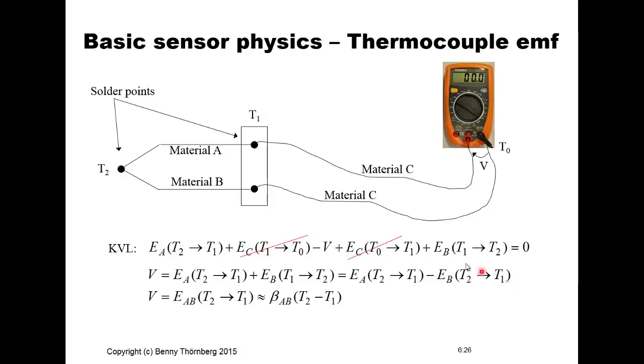And then this we can denote as the combination of the materials A and B. So the potential difference of the combination of the materials A and B from temperature T2 to T1 will approximately be equal to the coefficient beta, this material coefficient, times T2 minus T1.